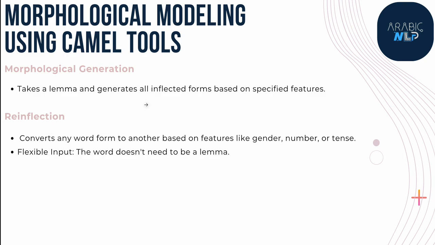It allows us to transform a word into, for example, from single form to dual form, and we are going to see some examples about it. So yes, this gives some flexibility for tasks such as translation or text normalization.